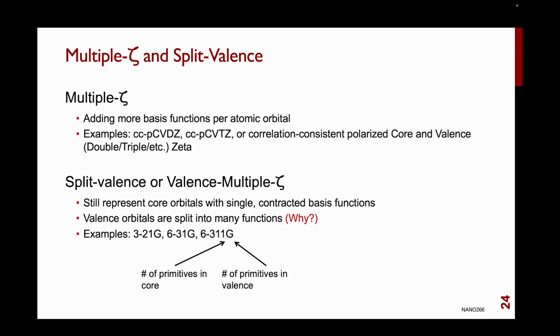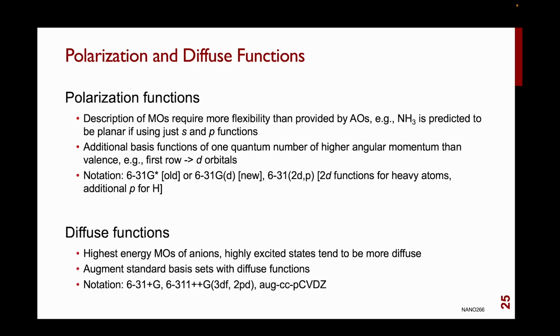So tricks like this are one of the reasons why we can actually get more accurate answers with less computational cost, right? There's nothing preventing us from doing the core electrons with many basis functions as well. It's just not efficient to do so, okay? So this is why we have something like the split valence basis sets, okay? All right, with the basis sets, you can also have options of adding polarization and diffuse functions.